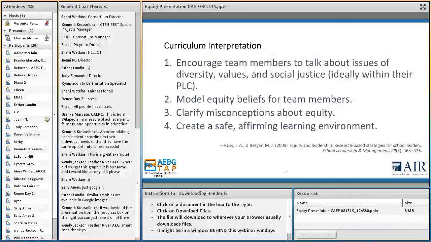Clarifying misconceptions about equity is another component within curriculum interpretation. Here, we know that people can have thoughts in their mind, images of what certain people do and bring to the table. This is our opportunity to really make sure that we are surfacing those misconceptions and changing them about any of the social groups that we serve.